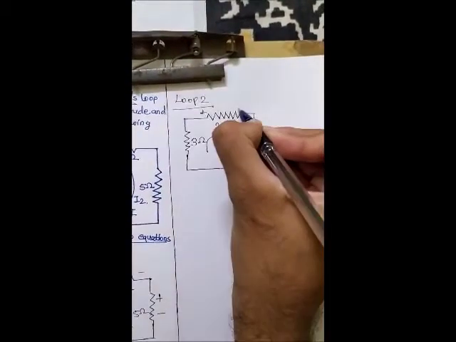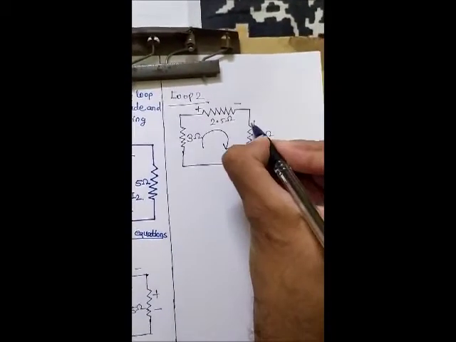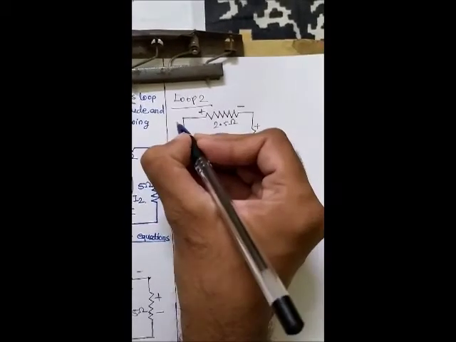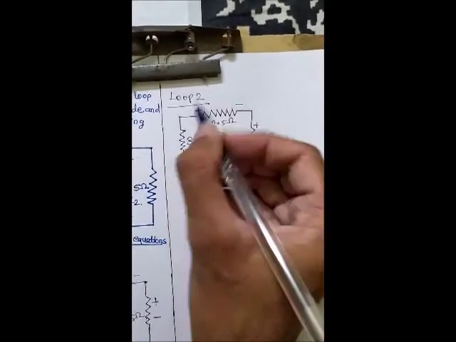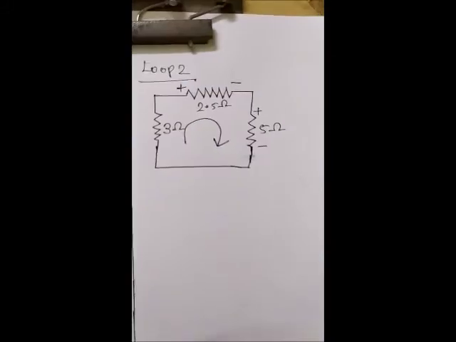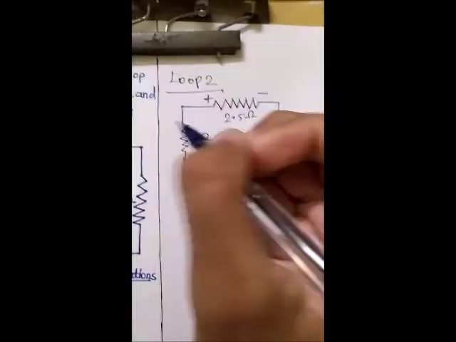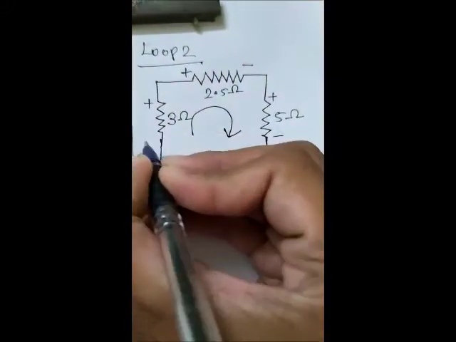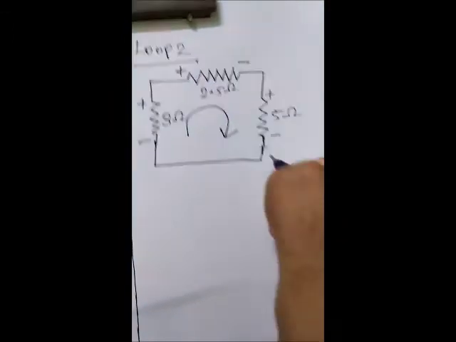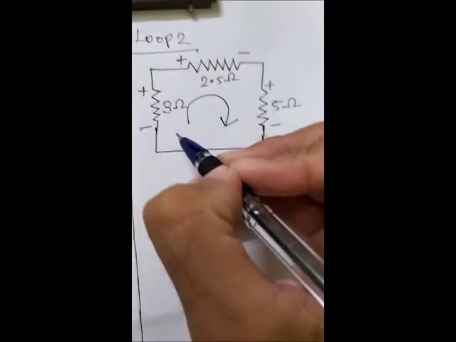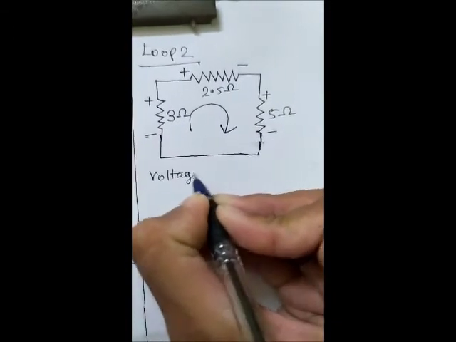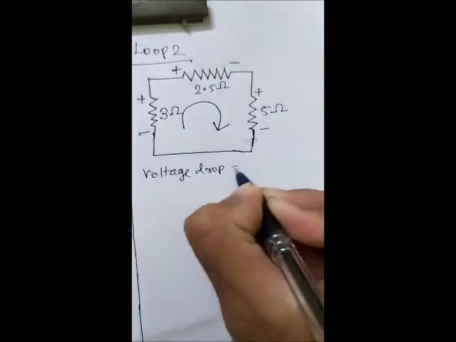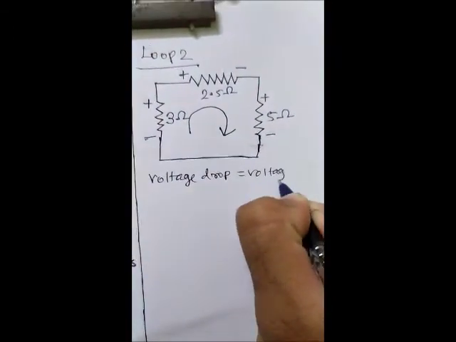This is plus minus, this is plus minus, this is plus minus. Now here, again KVL: voltage drop is equal to voltage rise.